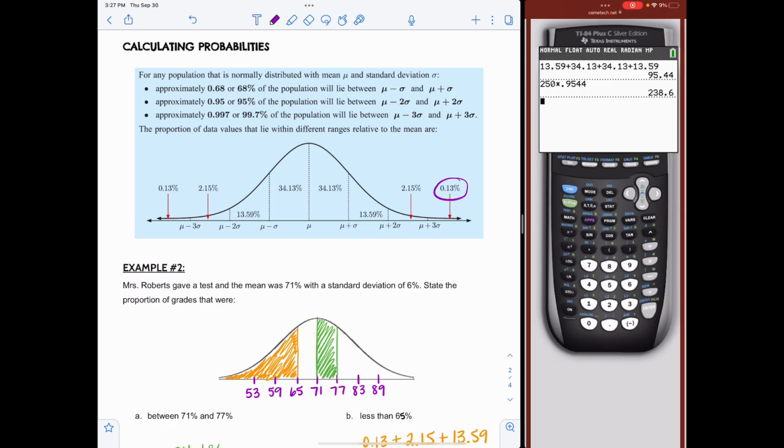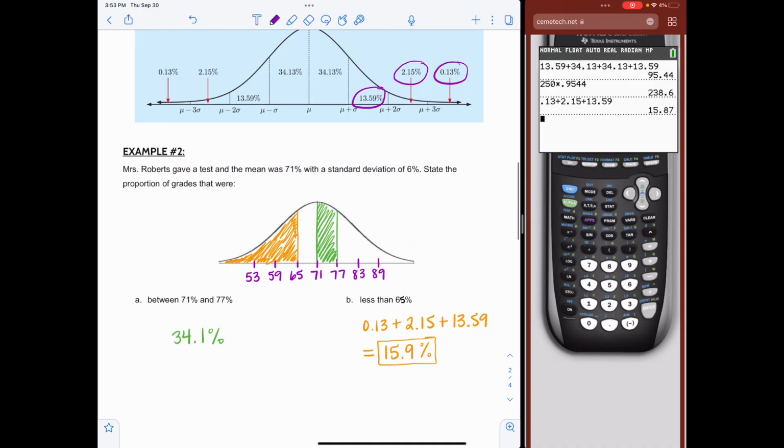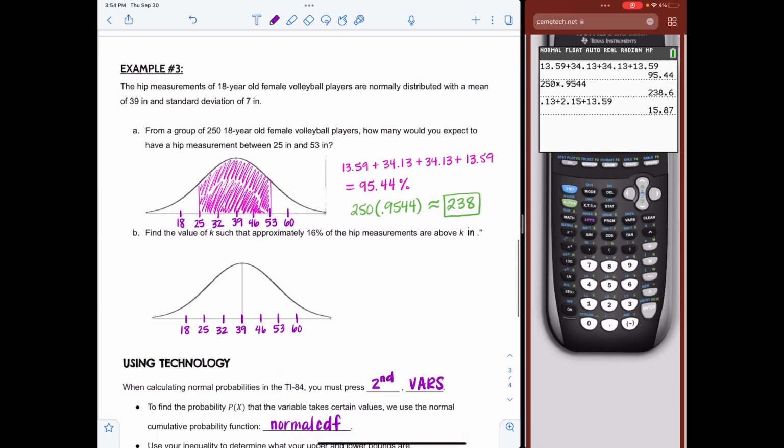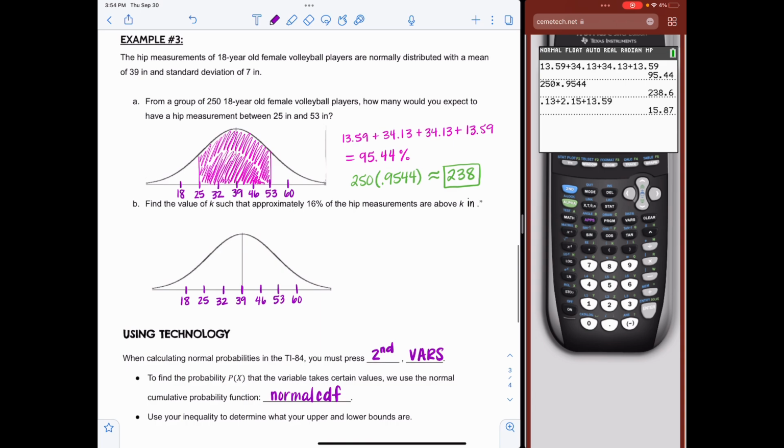So I'm going to add 0.13 plus 2.15 plus 13.59, which is 15.87, which is approximately 16%.